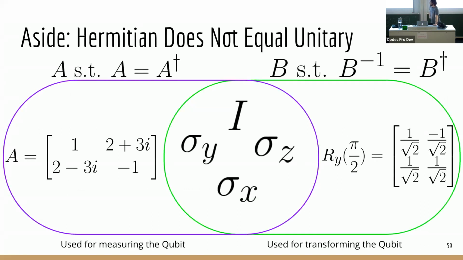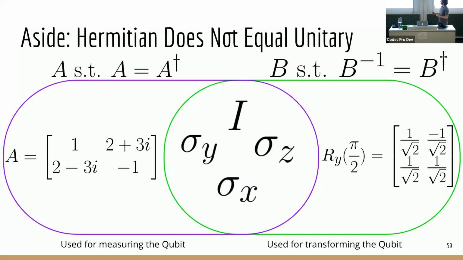One last little aside for this section before we wrap up and move on is that I've introduced two different classes of matrices here. We have Hermitian matrices and unitary matrices. Neither one is a proper subset of the other. However, there are some overlaps between these two classes. So here in this Venn diagram, you can see, remember, a Hermitian matrix is equal to its own complex conjugate. It's used for measuring a qubit.